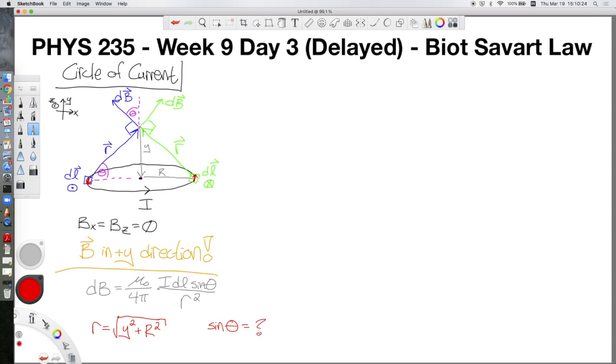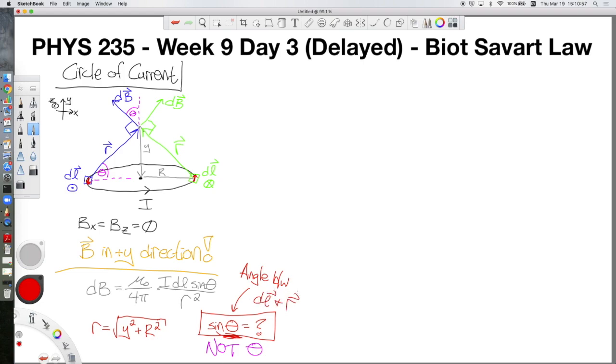But keep in mind, this theta right here is not the same thing as the pink theta I have labeled above. This red theta in this equation right here, I'll label this, is the angle between dl and r.